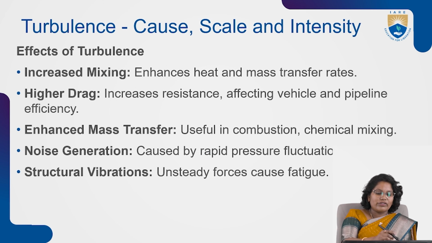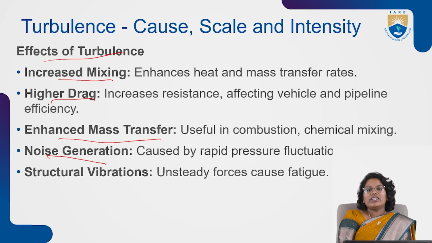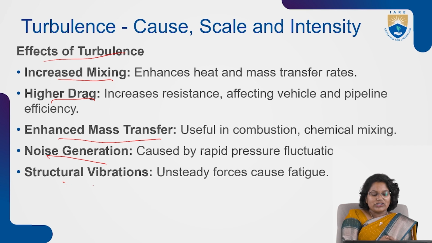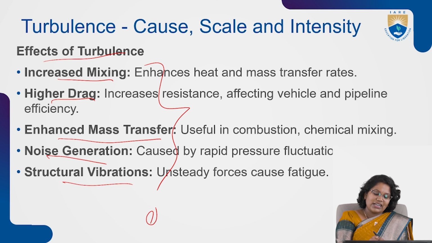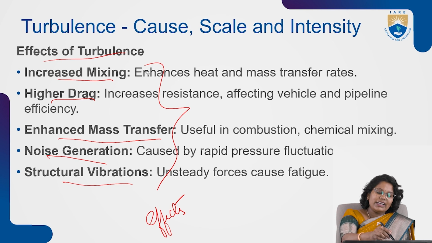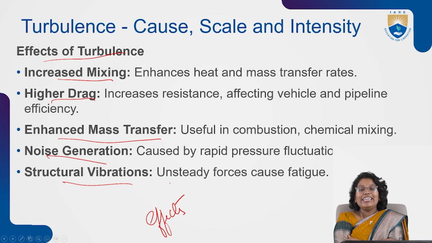Here are the effects of turbulence. How it is affecting: increased mixing, higher drag, enhanced mass transfer, noise generation and structural vibration. These are the effects of turbulence. Increased mixing enhances heat and mass transfer rates.